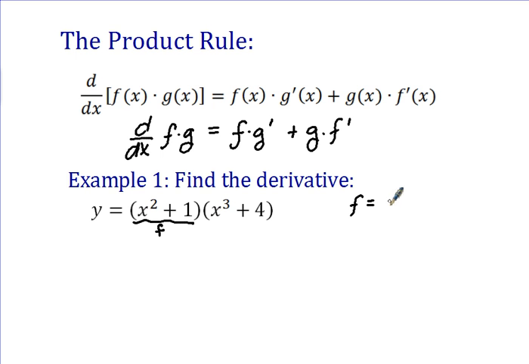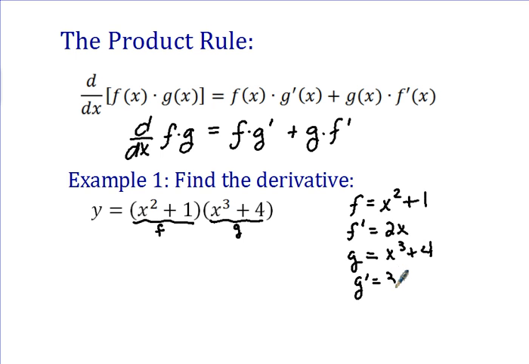So f is equal to x squared plus 1, and then of course f prime is 2x. The second function, we're going to call it g, and g is equal to x cubed plus 4, and then g prime would be equal to 3x squared.